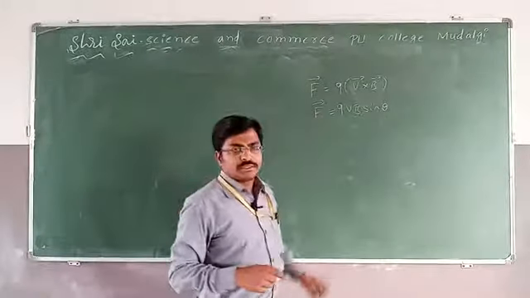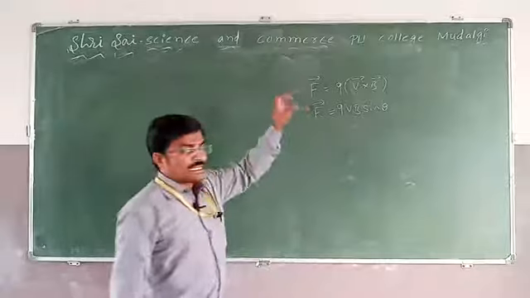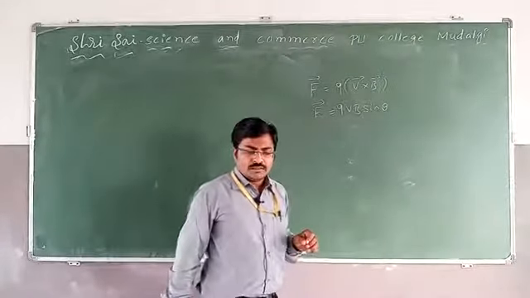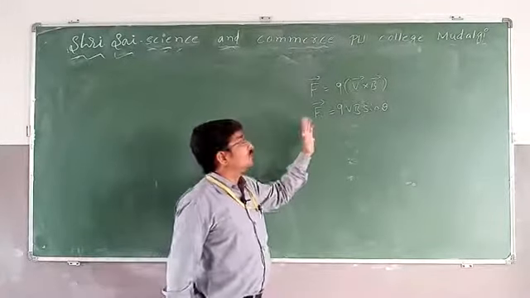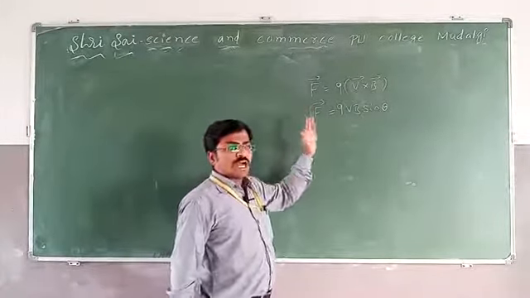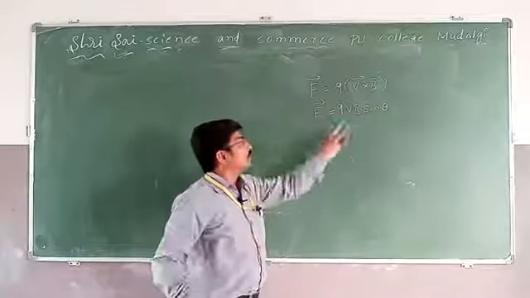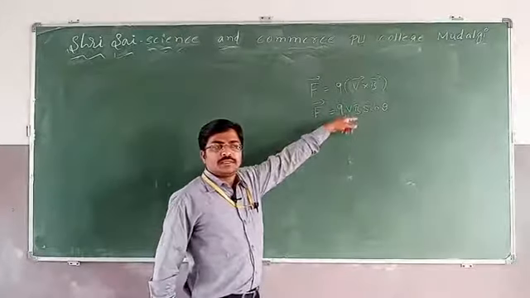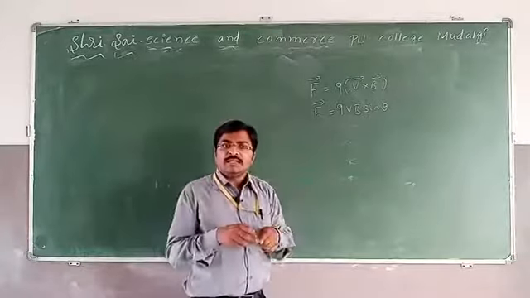Q is the charge which is moving in a magnetic field. What is the direction of this magnetic force? This magnetic force is always perpendicular to the plane containing V and B. V and B are both lying in the same plane, and F is perpendicular to that plane.